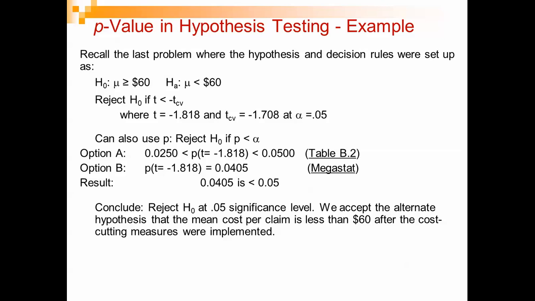Now, one of the things to note here is that when we ran this at the 0.01 level of significance, we did not reject the null hypothesis. But if we run it at the 0.05 level of significance, we do reject.